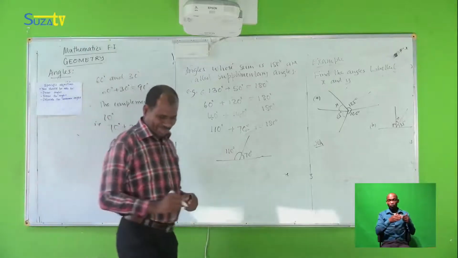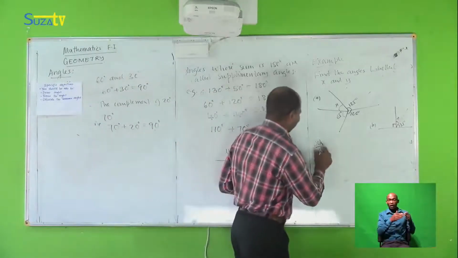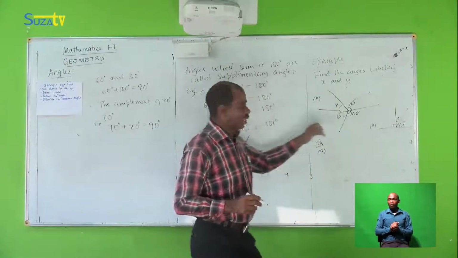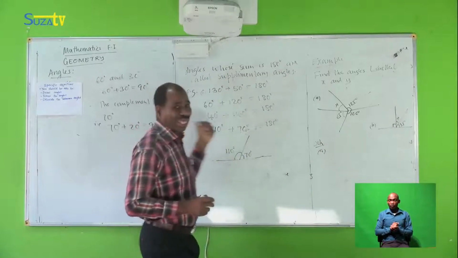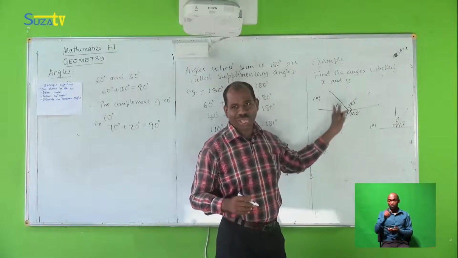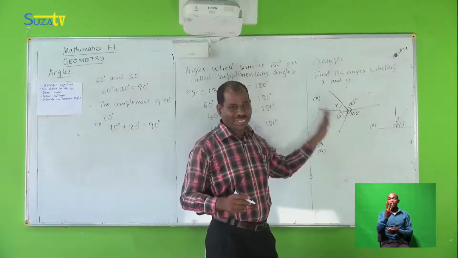Okay? Good. Number one, number A. Here is a full turn. Let's go back to how to find the angles in a full turn. By adding all angles is equal to a full turn, which is 360 degrees.